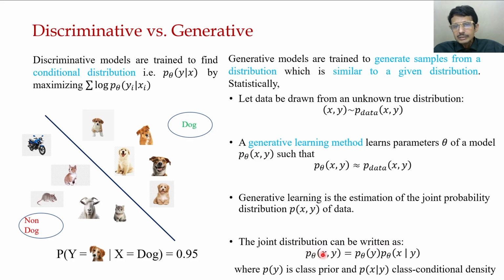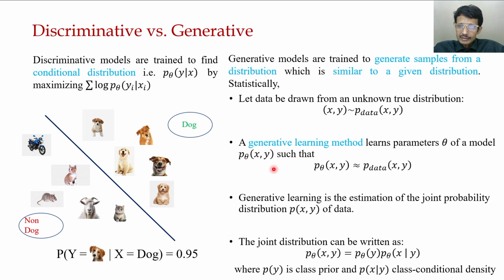And how can we learn this distribution? By virtue of this, the joint distribution can be written as P theta of y and P theta of x given y, where P of y is called the class prior because this is a probability, and P of x given y is the class conditional density.